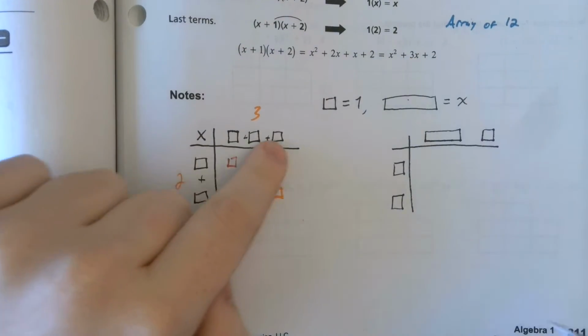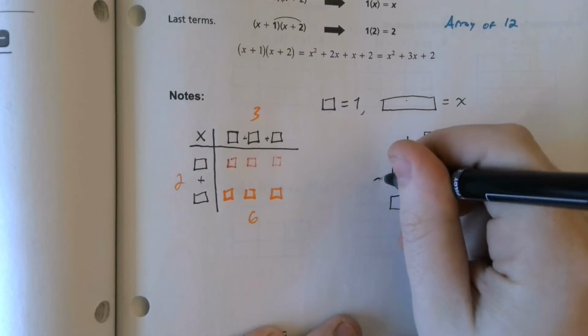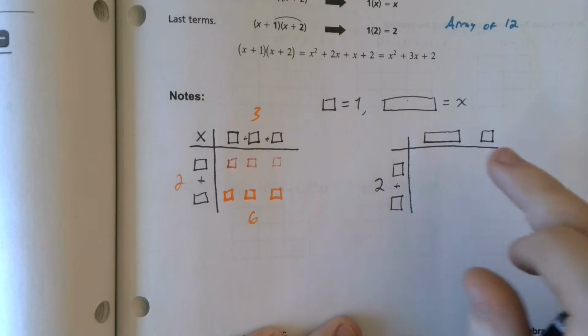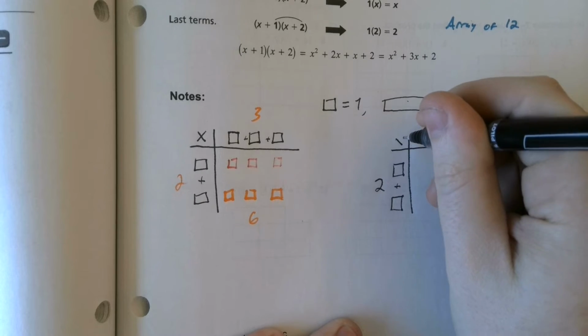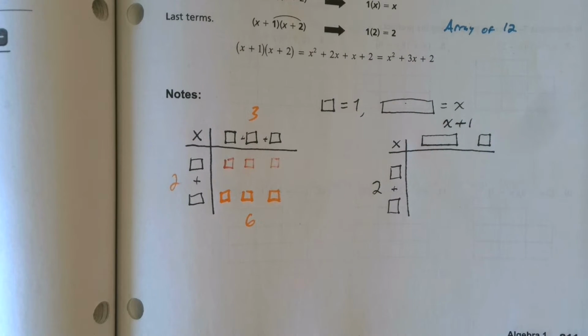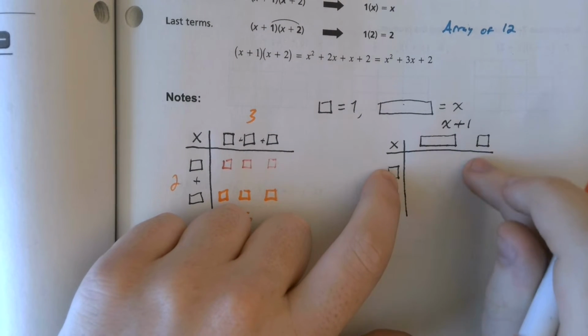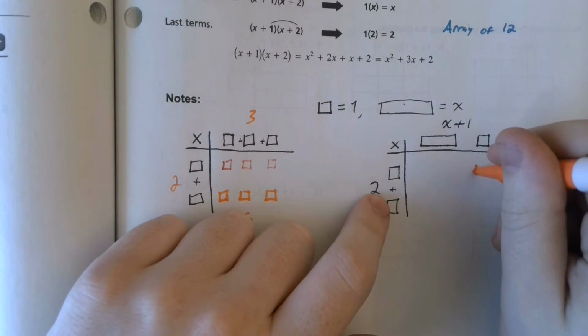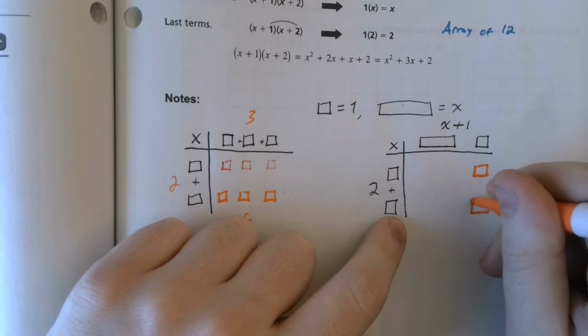Up here we had 1 plus 1 plus 1, which is 3. 1 plus 1 is 2 once again, but because this is an x block, we can represent this as x plus 1. And again, we're multiplying. Well, we know that we can finish off the array over on this side because 1 times 1 is just another 1 block. 1 times 1 is just another 1 block.